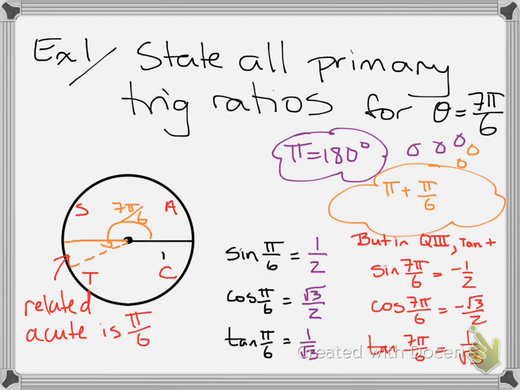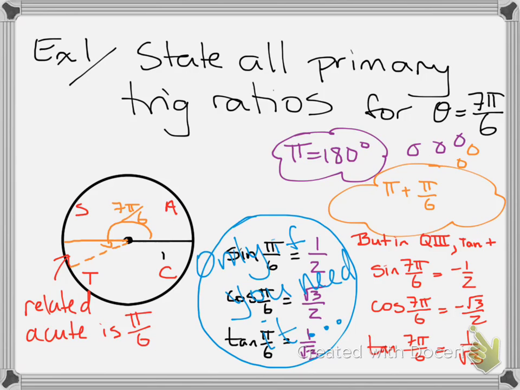And that's it. So this is the process that we have to go through when we want to figure out primary trig ratios for our special angles. And this first part here, you can either do that or you don't have to do that. It's up to you if you want to take that extra step. So that's only if you need it. Okay? But the red part, that's our final answer. Those are the primary trig ratios for 7 pi by 6.